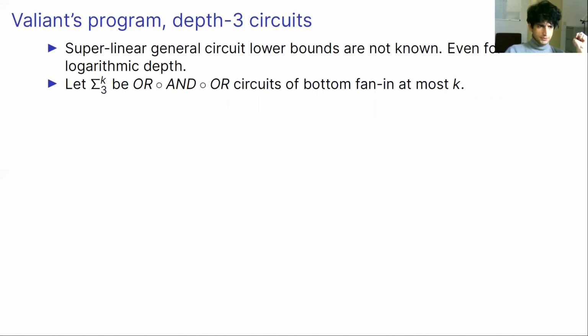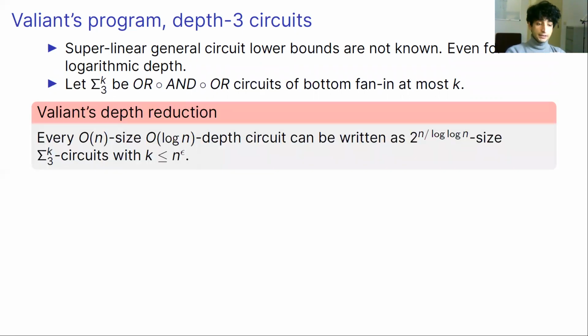So let's consider this class of circuits. These are Σ3^k circuits. These are OR of AND of OR circuits with bottom fan-in at most k. So I like to think of them as an OR of k-CNFs. Valiant showed, with some nice graph theoretic argument, that a linear size log depth circuit can be written as a sub-exponential size depth-3 circuit where the bottom fan-in can be chosen to be n to the epsilon for any epsilon.